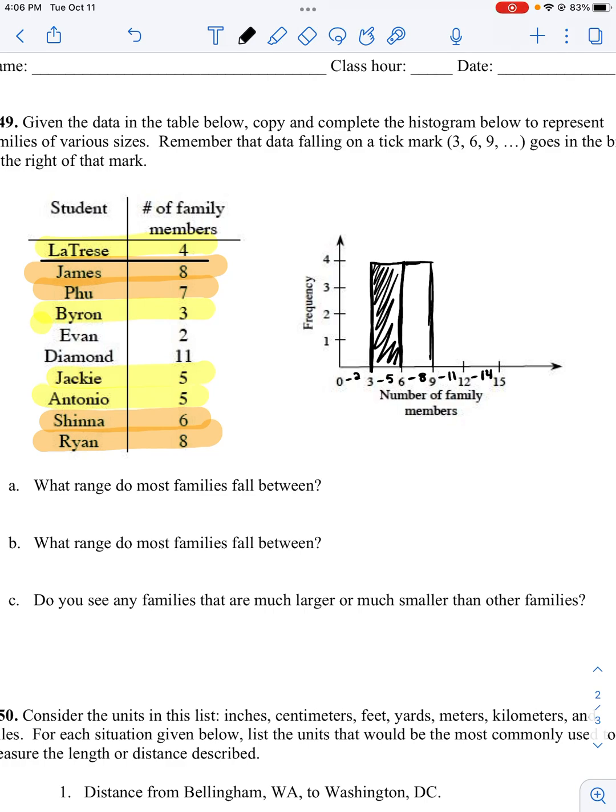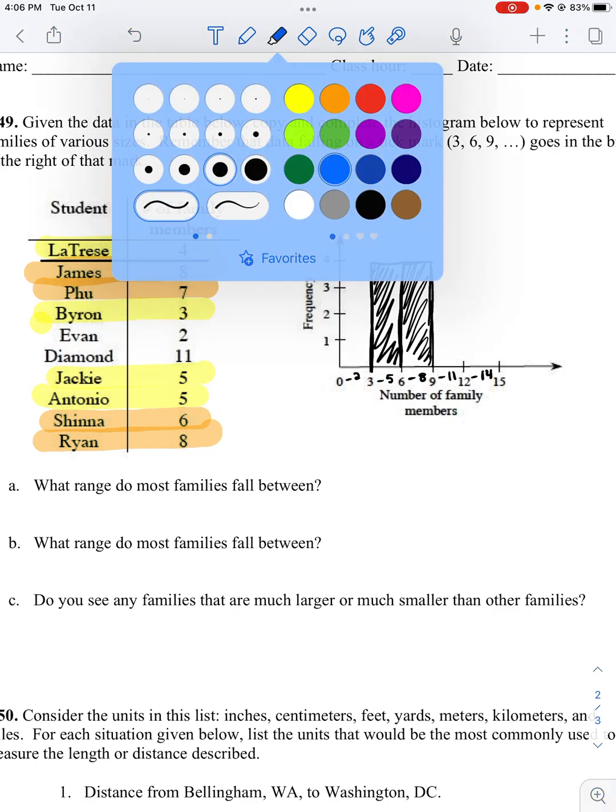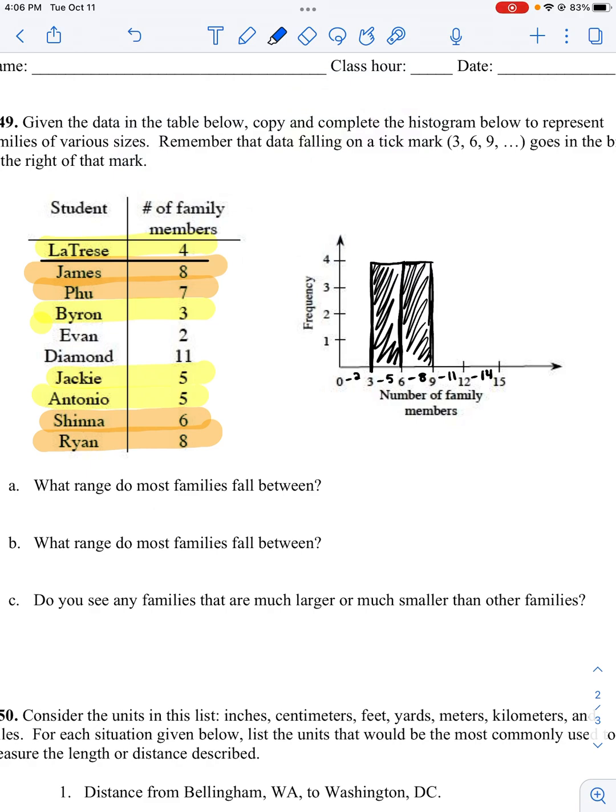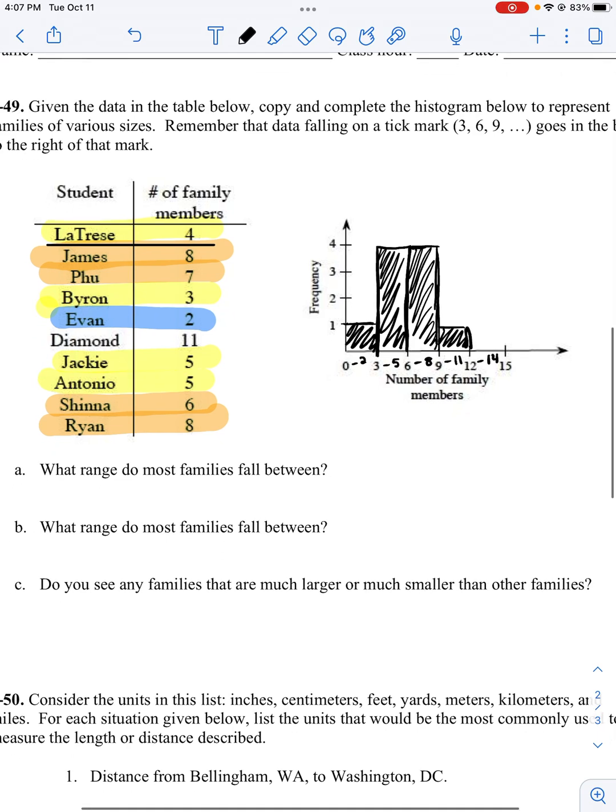So it's going to match the height of my other bar. Okay, if I continue down my list, Evan has 2. He goes between the 0 and 2. And my last one is Diamond, who has 11. So my histogram should look like that.